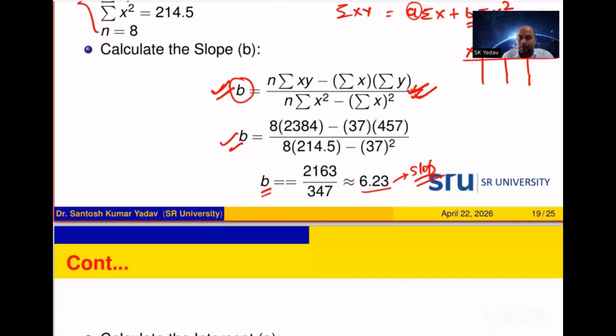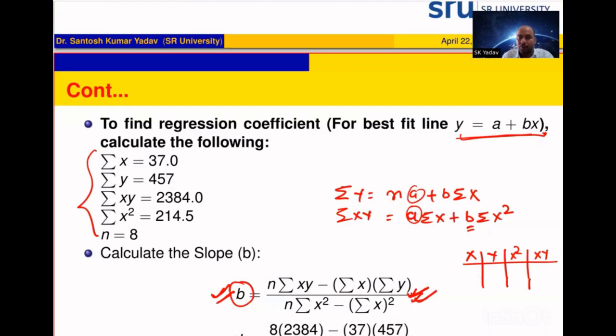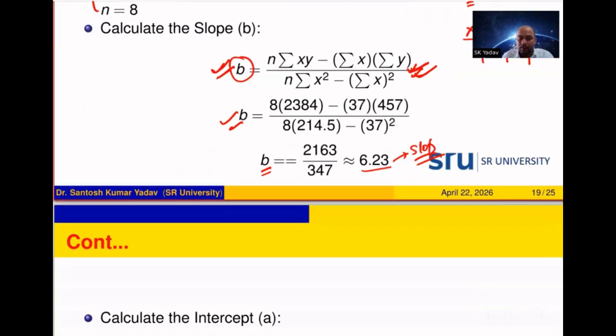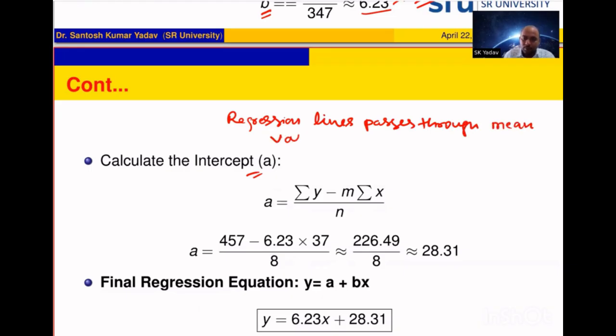And next I have here how to find A if I obtain B. So A is the y-intercept. It's one of the properties of the regression line: the regression line passes through the mean values, that is x bar and y bar, the mean of x and mean of y.